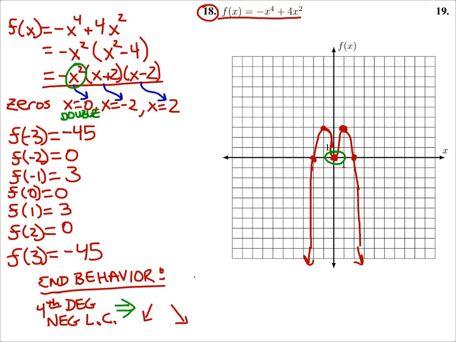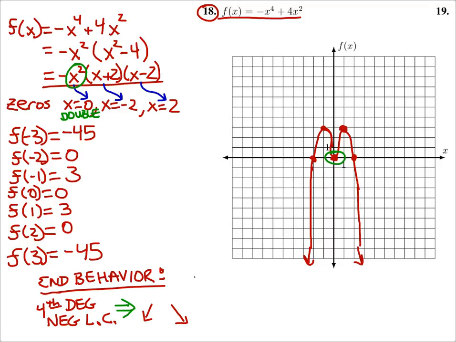Now, that green circle I just made is not actually part of your graph, but the squared on the factor makes it act like a parabola at the 0 that comes from that factor. The rest of the curve goes up, comes back down, goes straight through at x equals 2. It's a single factor. And there we have our graph.